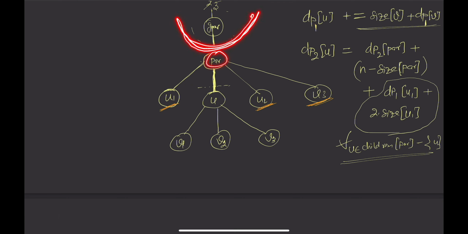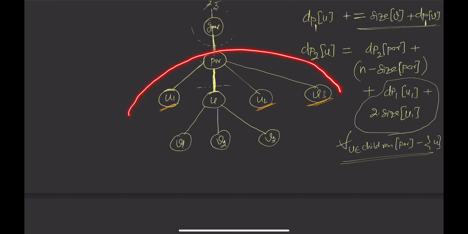the size of this. What will be the size of this? So total size minus the parent subtree size, right? That means total size minus size of the parent, okay, plus I can say that these values will be incremented by 2. Everything will be incremented by 2. This node is incremented by 2, this node incremented by 2, 2, 2, 2, 2, 2, 2.